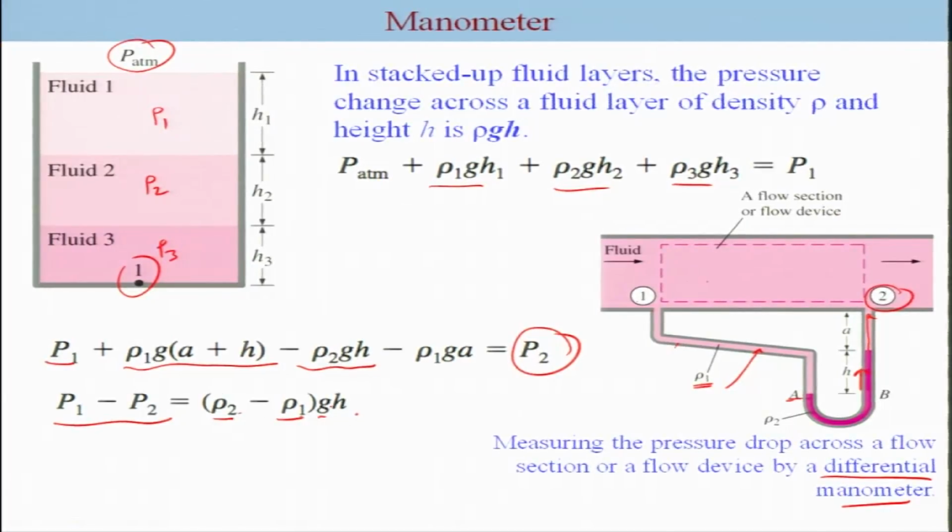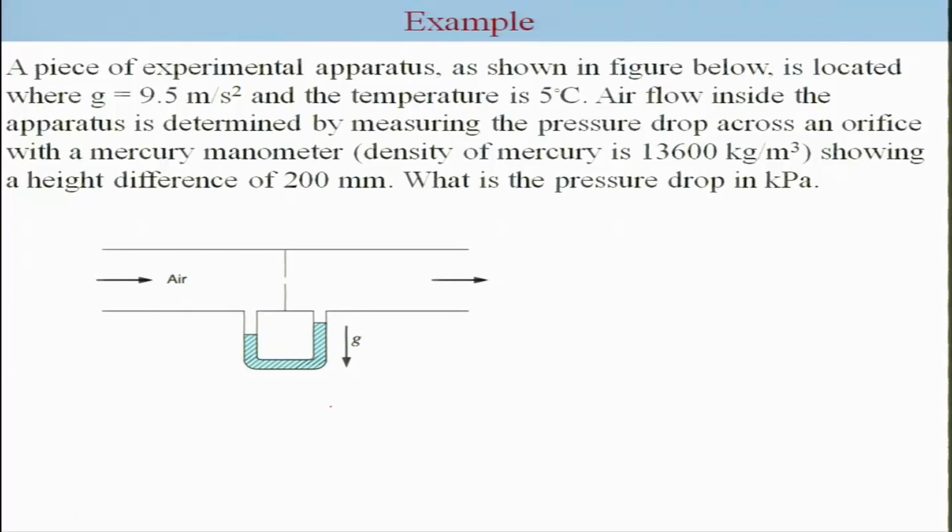Okay. So, now we can do a simple example here to exercise this. A piece of experimental apparatus, as shown in the figure below, is located where g is 9.5 meter per second square and the temperature is 5 degrees Celsius.